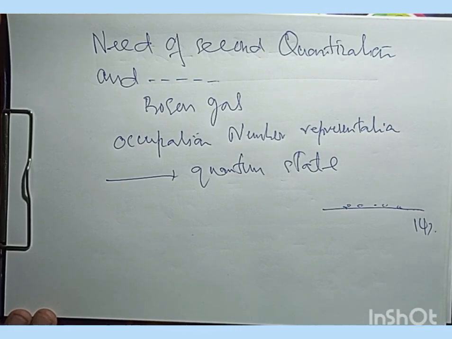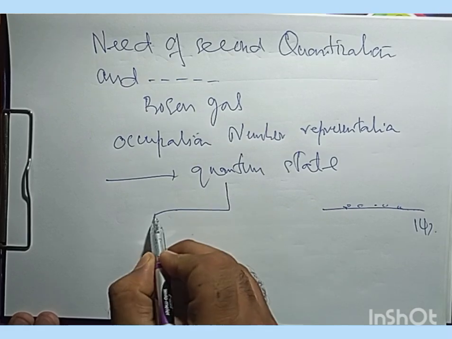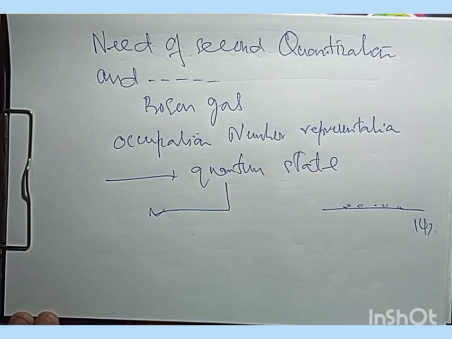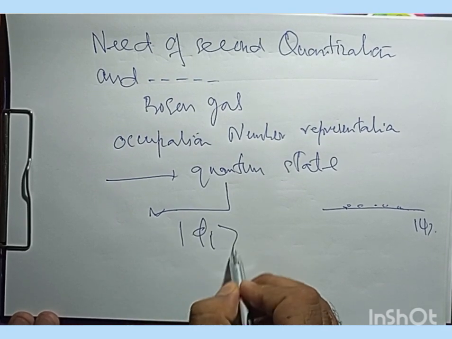Let's generalize it, and denote the quantum state of the system. If I denote this quantum state of the system, say I'll label it as phi of i.